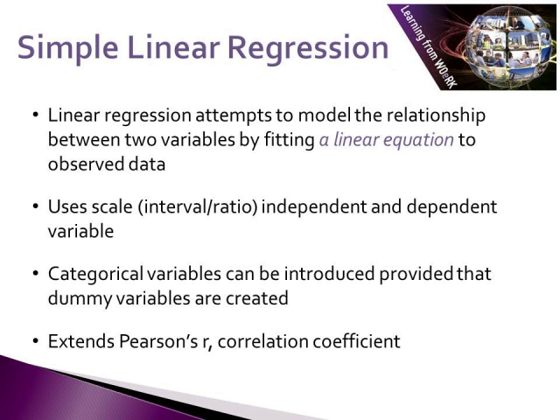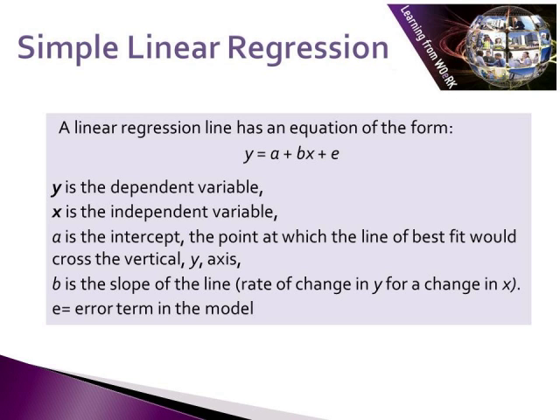Categorical variables can be introduced providing that dummy variables are created, and we're going to talk about that in a moment. But essentially, linear regression extends Pearson's r correlation coefficient, or sort of moves it on. So we use linear regression to estimate the unknown effect of changing one variable over another.